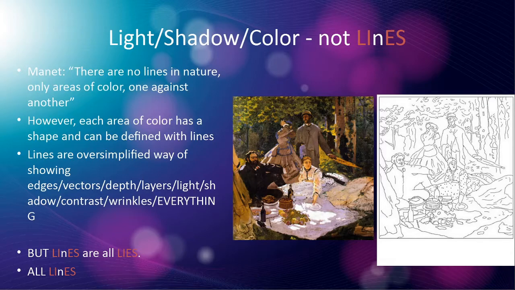But we can use lines to define those areas of color and give them shape. We can use lines to define the edges of things, like we did when we were tracing the Scrabble tiles. A line around that Scrabble tile is a square, right? So you can use line to define shadow, contrast, wrinkles, or basically everything.